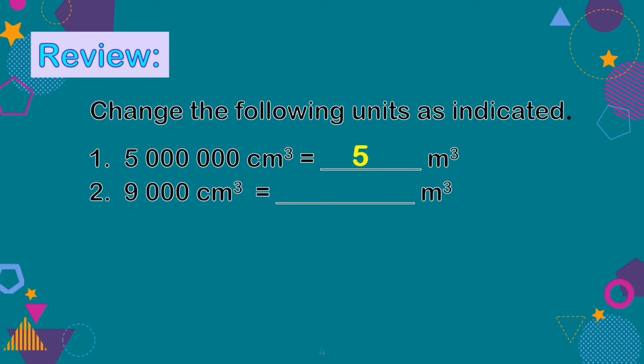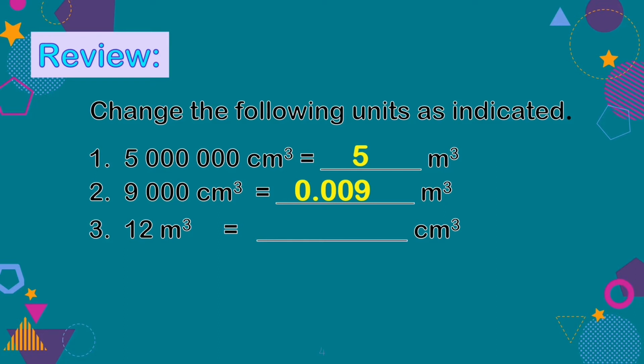Number 2. 9,000 cubic centimeters is equal to how many cubic meters? Correct. It's 9,000 cubic meters. Number 3. 12 cubic meters is equal to how many cubic centimeters? Very good. It's 12 million cubic centimeters.